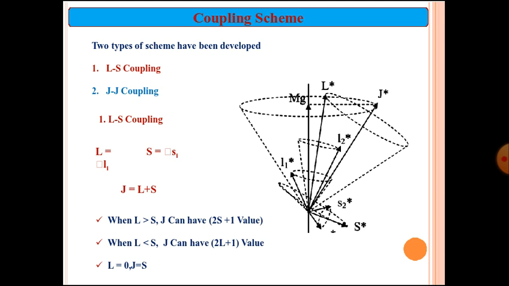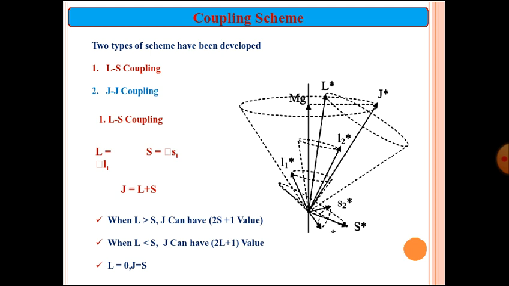S is an integer for an even number of electrons and an odd multiple of 1 by 2 for an odd number of electrons. Hence, J must be an integer if S is an integer, and J must be an odd multiple of 1 by 2 if S is an odd multiple of 1 by 2.